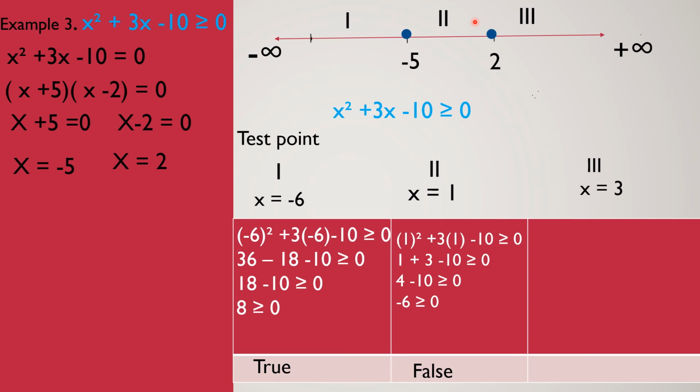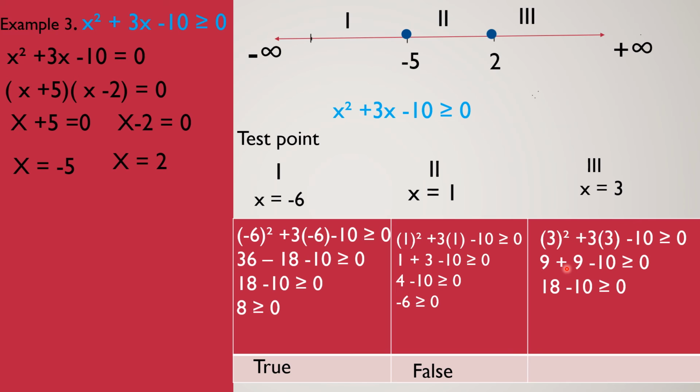Okay, what about the last part there? I have 2 here, which means I can choose any number after 2, which is 3, 4, 5, up to positive infinity. So I'm going to choose x equal to 3 and substitute x as 3. So I have 3 times 3, that is 9, plus 3 times 3, that is again 9, minus 10 is greater than or equal to 0.